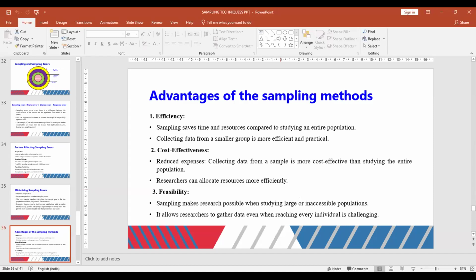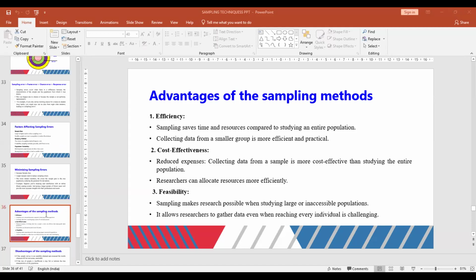Also, feasibility is a very good example. Sampling makes research possible when studying large or inaccessible populations. It allows researchers to gather data even when reaching every individual is a challenge.